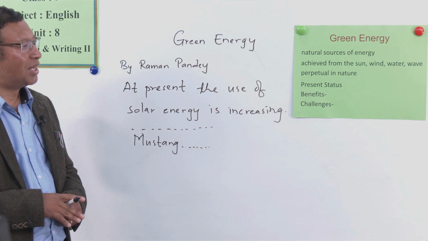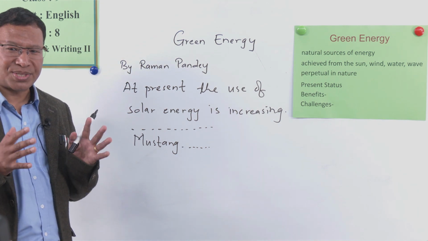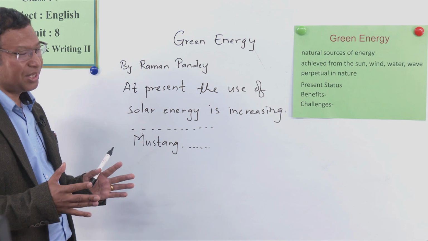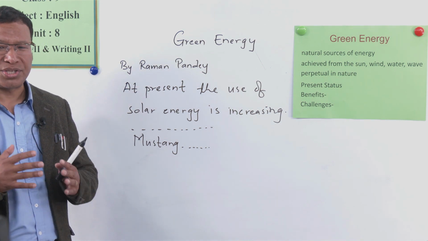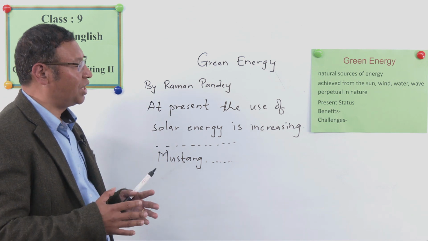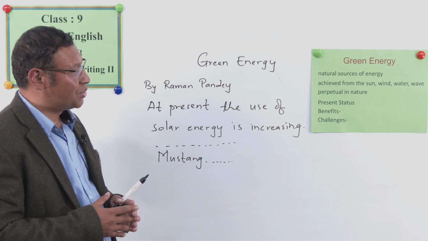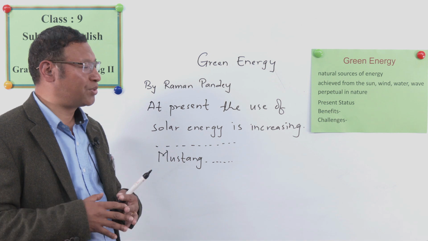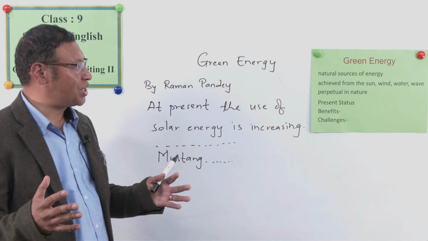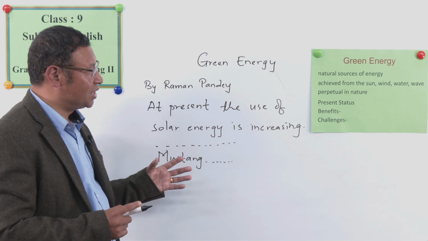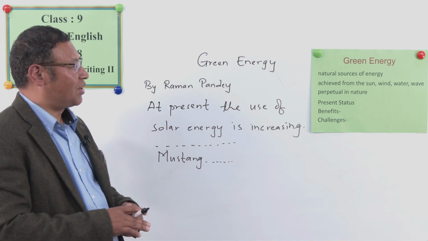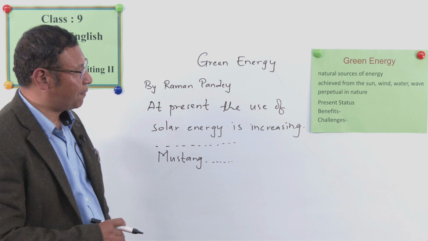Nepal has the highest potential in water energy. So production of hydroelectricity is going on in our country. Because we have very good potential of hydro production, hydro energy is in use nowadays. So you go on writing like that.